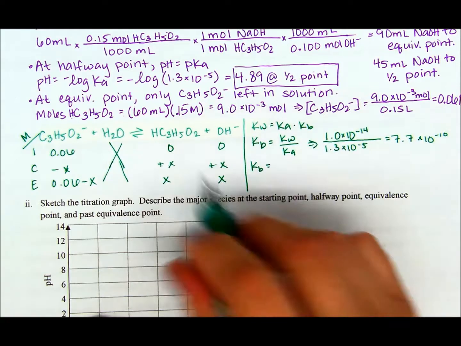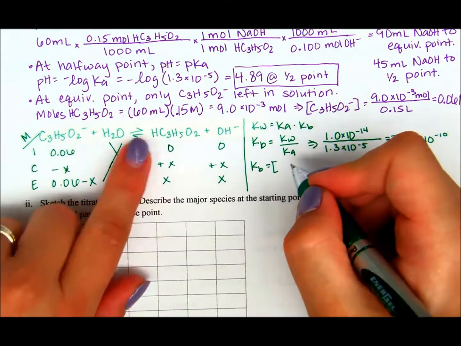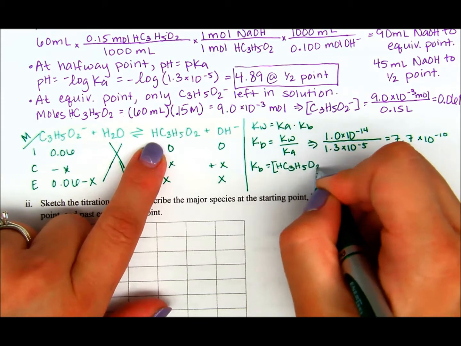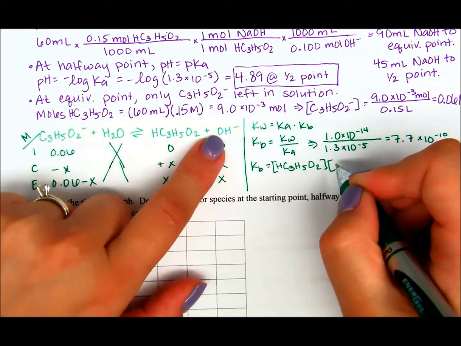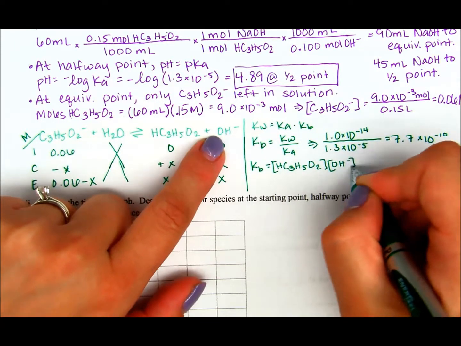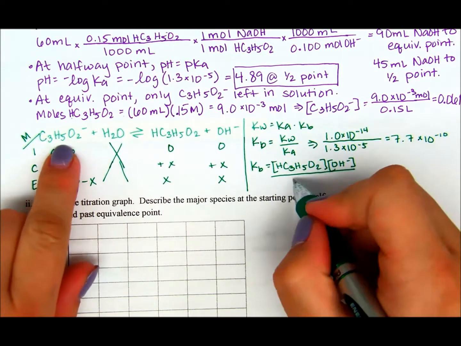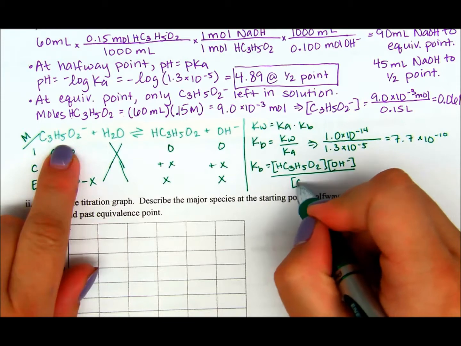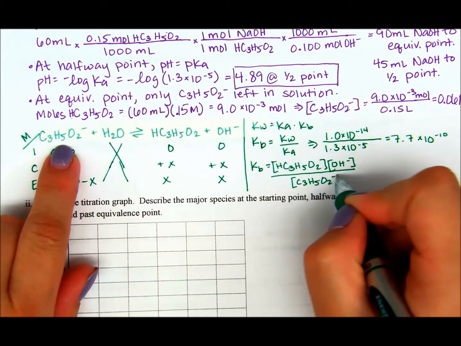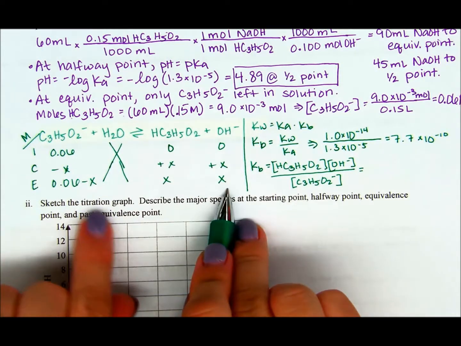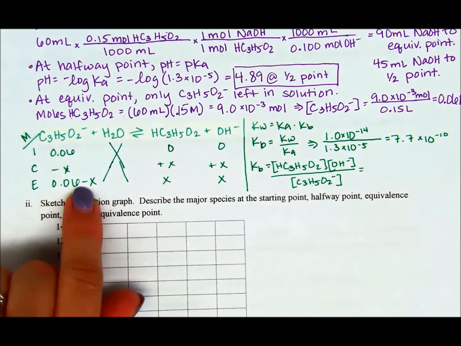So Kb is equal to products over reactants. So you have your acid times your hydroxide here over the reactant, C3H5O2 minus. And looking at our ice table, I see that's going to be x squared over 0.06 minus x.